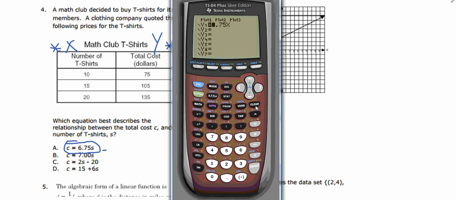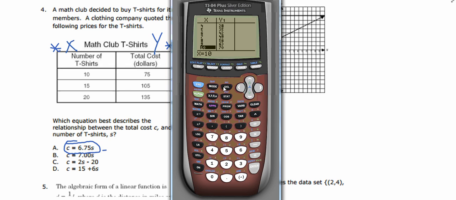Answer choice B has 7.00x, so we just put 7x in there. Go to our table, and we're getting closer, but not quite there. That's equal to 70, not 75.